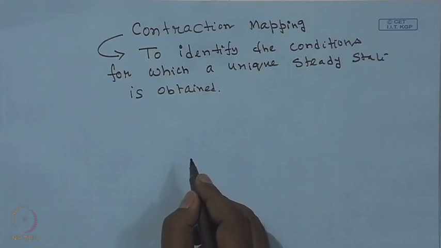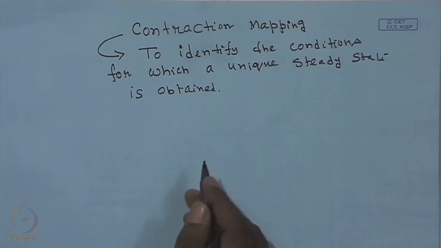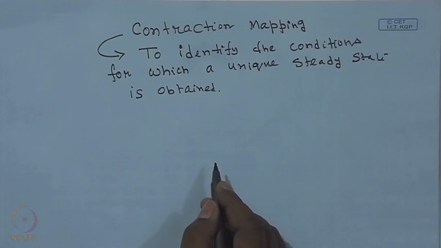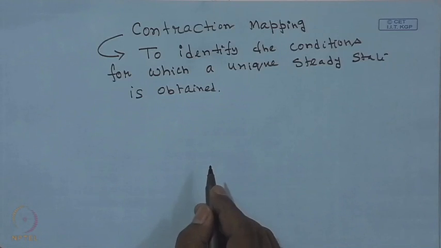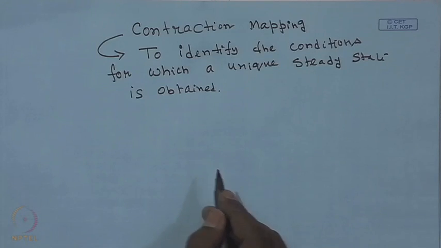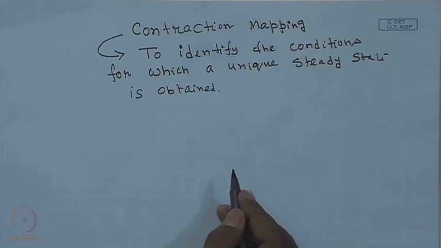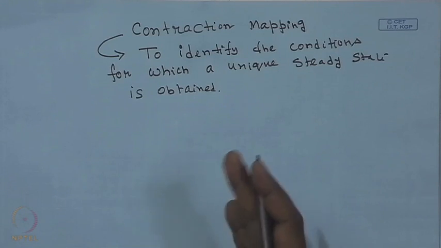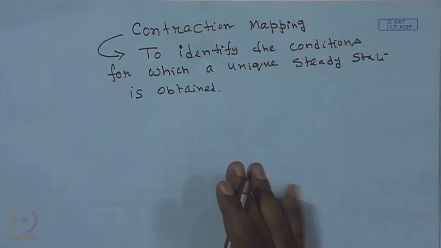What we will do, we will have the mathematical formulation of this contraction mapping, and we will look into the theory of this development, and then we will be taking up a couple of examples, maybe 4 or 5 examples of different chemical engineering systems to demonstrate the use of contraction mapping in order to identify the conditions for having a unique steady state.